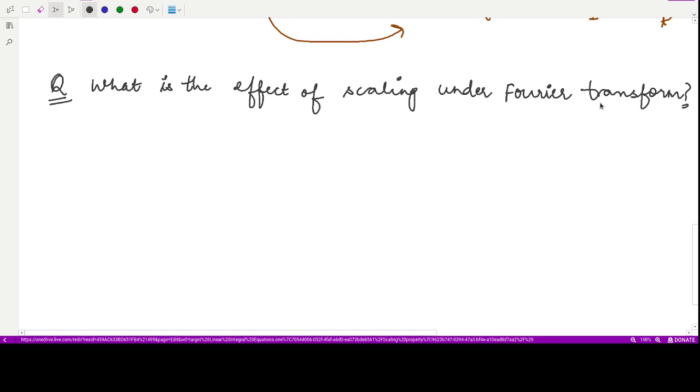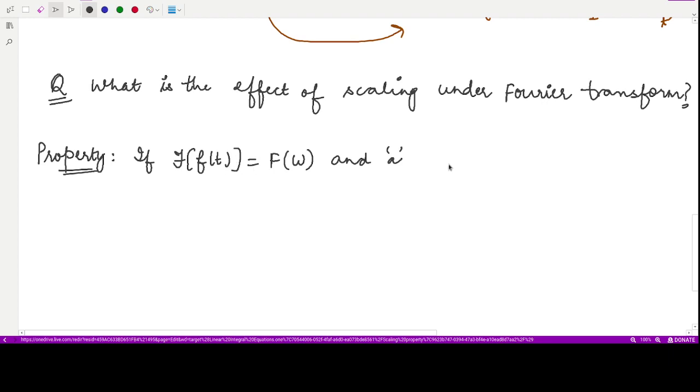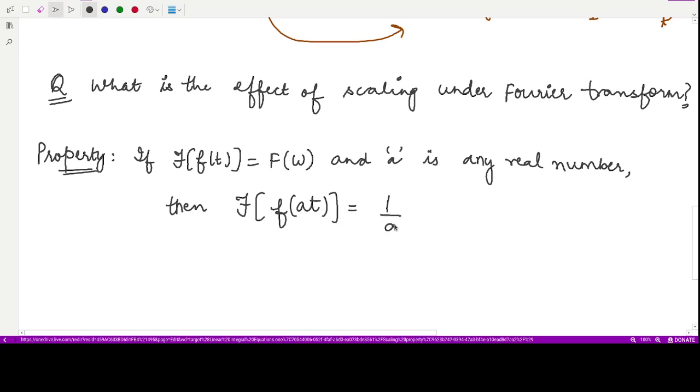So to see the effect of this, we have a property which states that if the Fourier transform of some function f of t is defined by capital F of omega and a is any real number, then the Fourier transform of f of at would be equal to 1 by a capital F of omega by a.